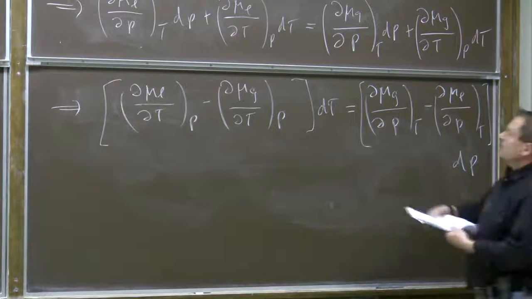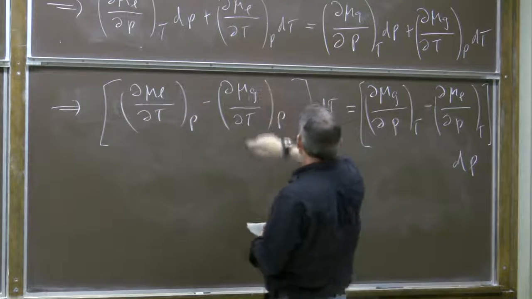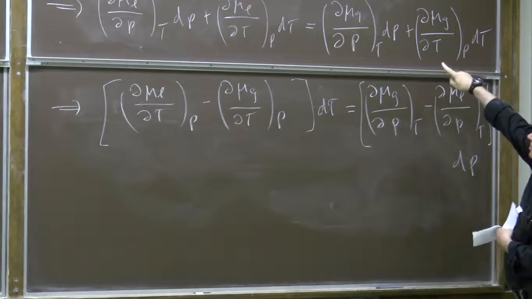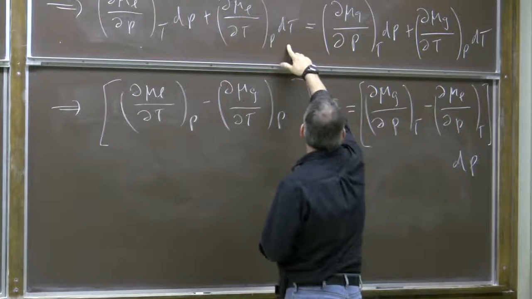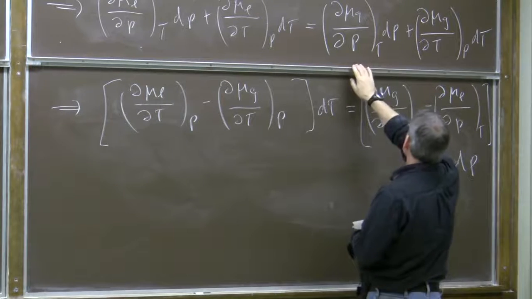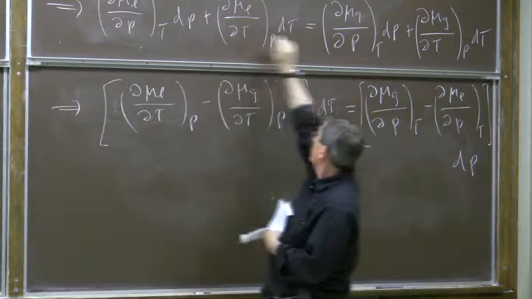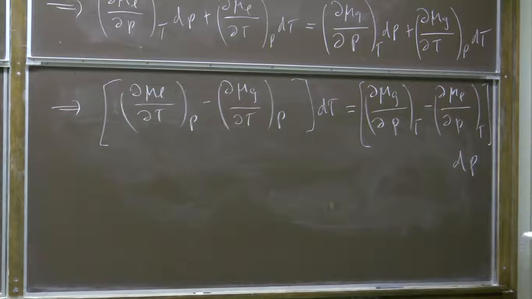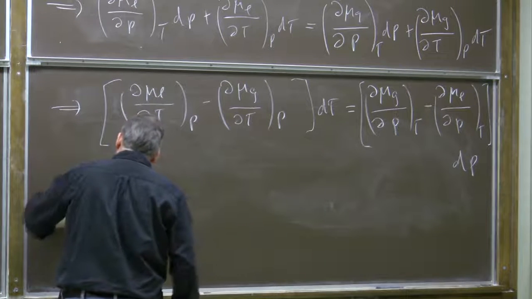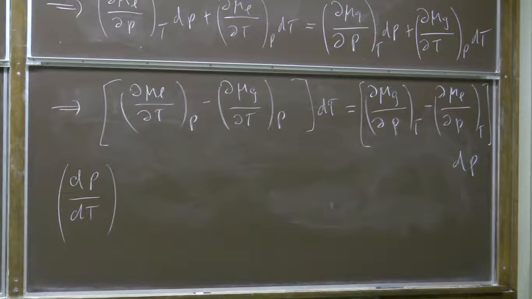See, the minus sign is different because I moved this term and subtracted away this term, put that on the left-hand side, then took this term, the derivative of the chemical potential of the gas, minus this term, dp, and put that on the right-hand side. So that tells us what dp d tau has to be along the coexistence curve. In other words, it tells us the tangent.